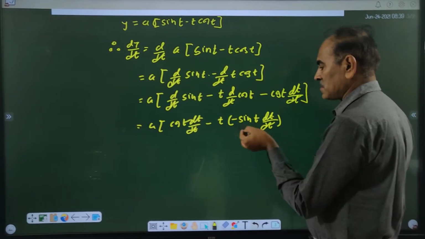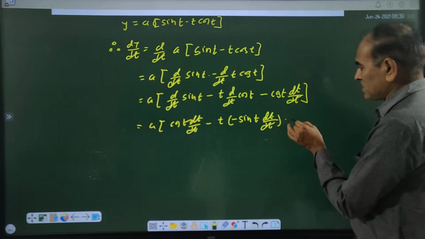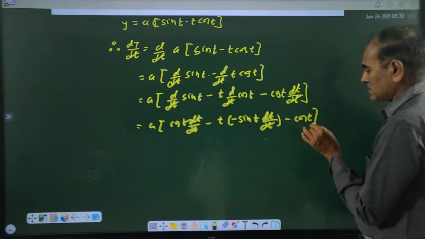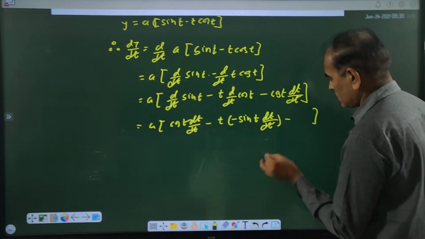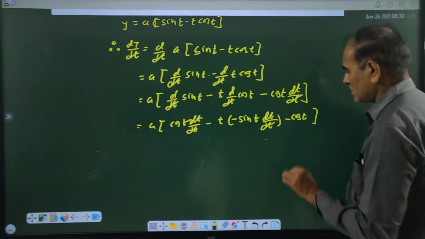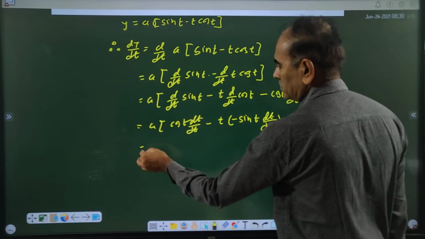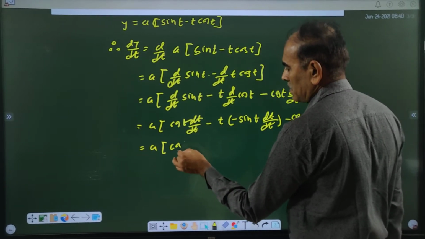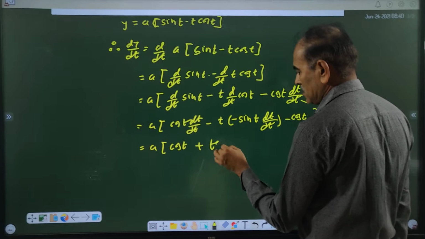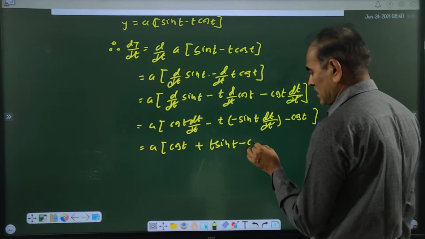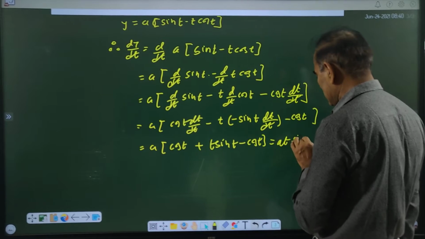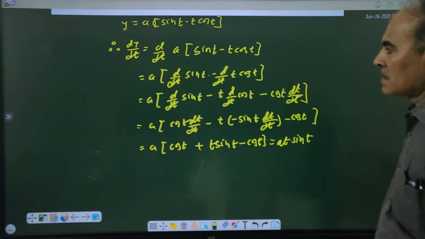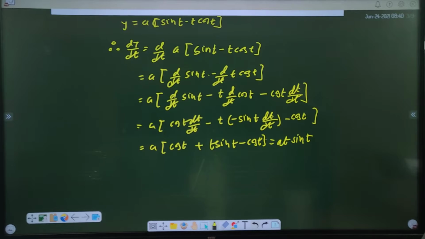So we get a of cos t plus t sin t minus cos t. That cancels. a t sin t. That is our dy by dt.